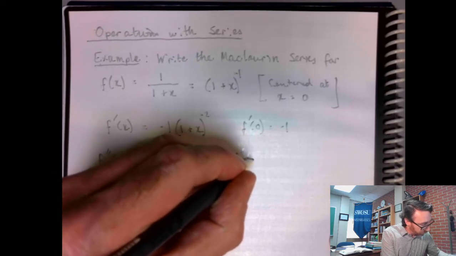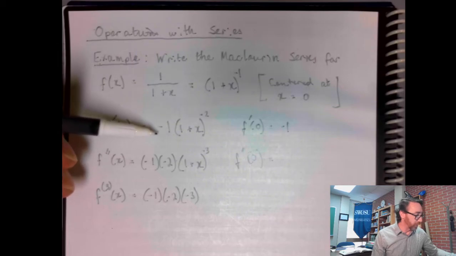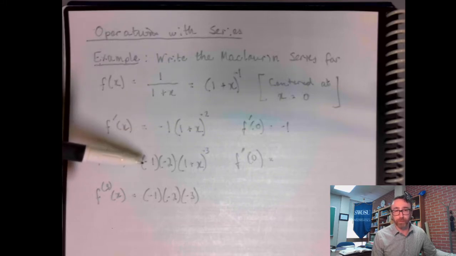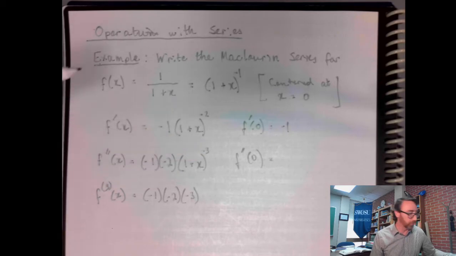Very similar thing down here. If I differentiate what I've got up here, well, the negative 1 is just a constant multiple, so it just comes along for the ride, exponent comes down, so we have negative 1 times negative 2 as our coefficient, new exponent negative 3.